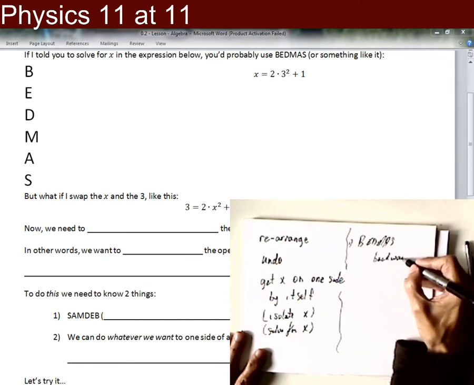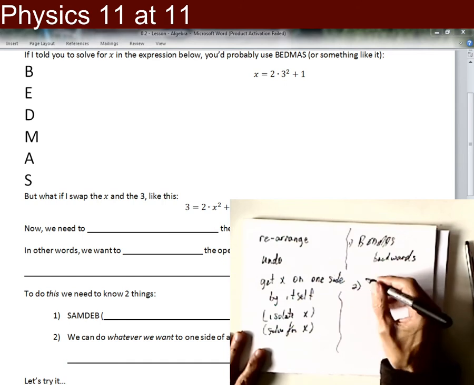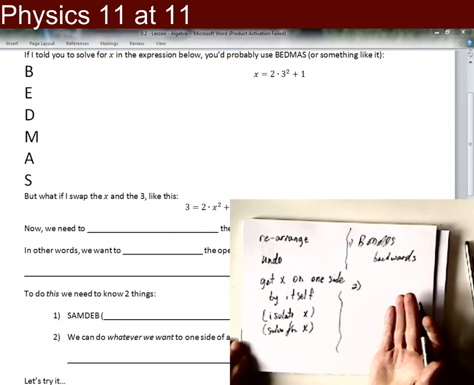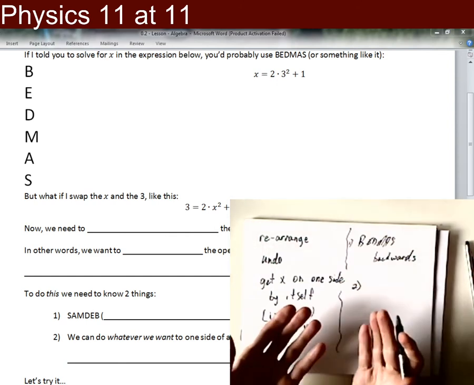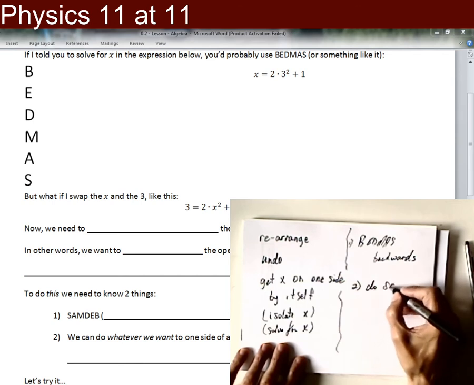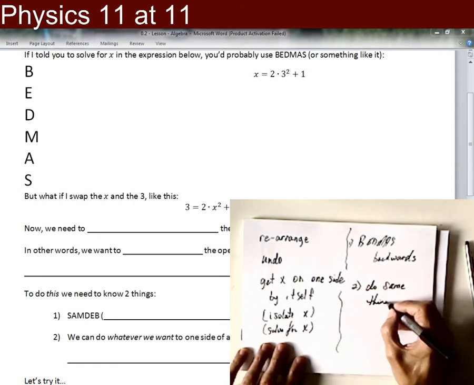But for number two, the second thing, we can do whatever we want to one side of the equation as long as we do the same thing to the other side.